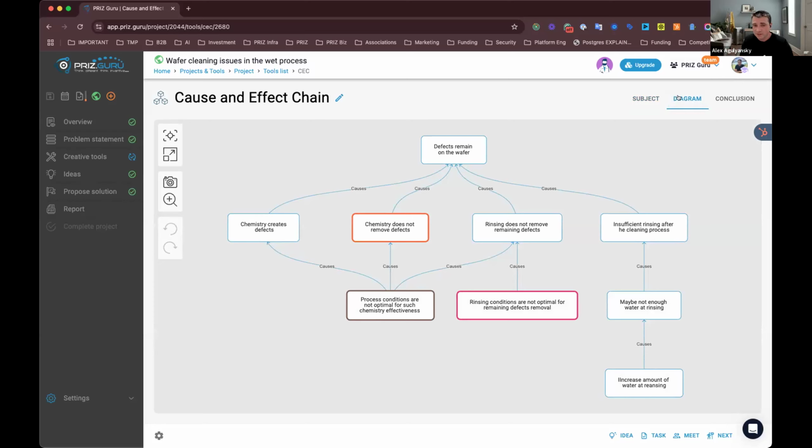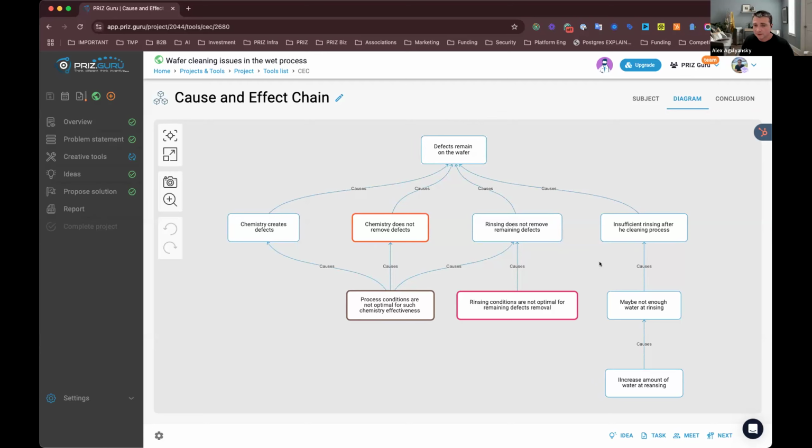There are a lot of approaches, and many people use, for example, the Ishikawa diagram, the fishbone diagram, which is a very similar thing but looks different. But it produces the same result, where you dig into all the possible reasons why something might happen, in this case, defects remaining on a wafer.